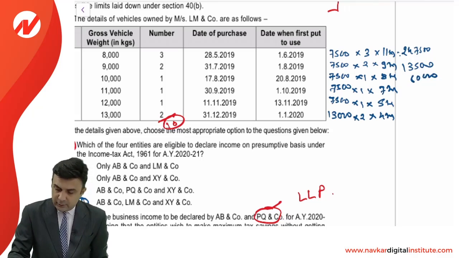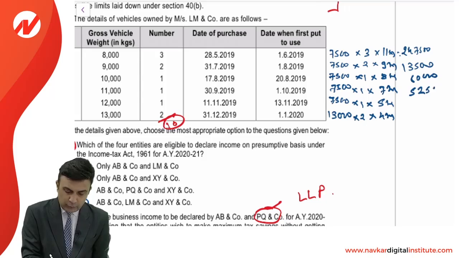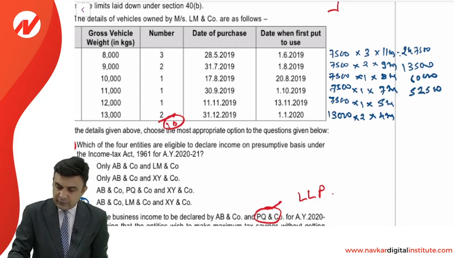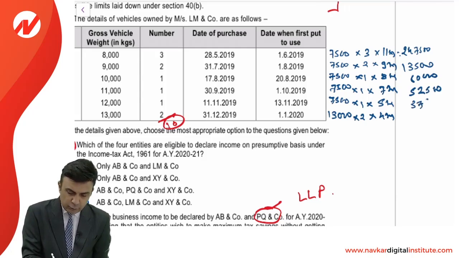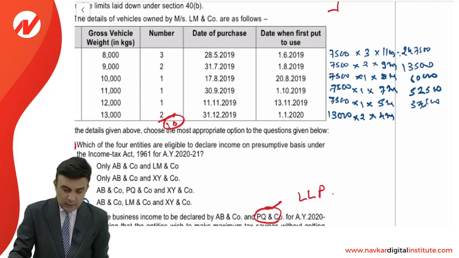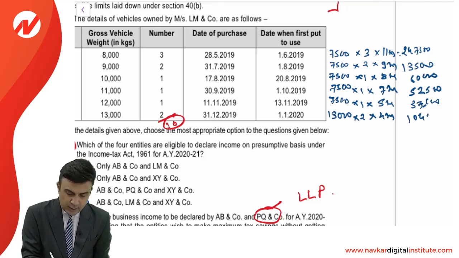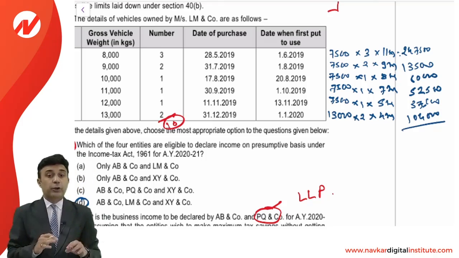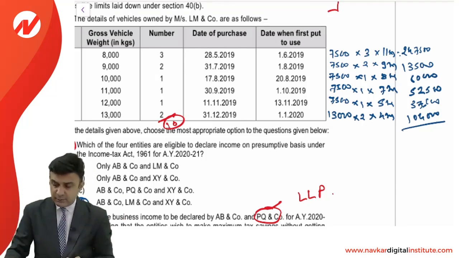I have 7,500 multiplied by 7, giving you 52,500. I have 7,500 multiplied by 5, giving you 37,500, and 13,000 multiplied by 2 multiplied by 4 will give you 1,04,000, which is going to be my presumptive income.